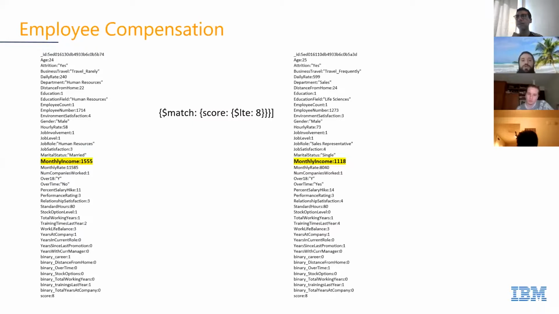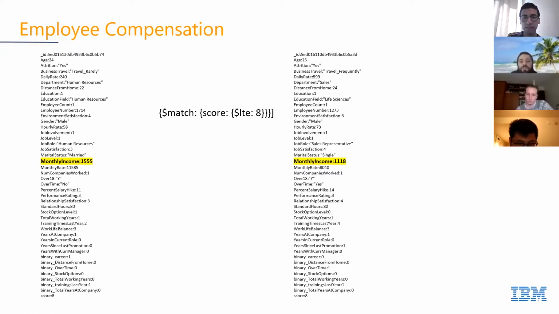Okay, if we go to this slide, we have compared two employees who both have a score lower than or equal to 8. As we said before, 8 is the lowest score. One employee is getting 1,555, and the other is getting only 1,118. Both have a score of 8.